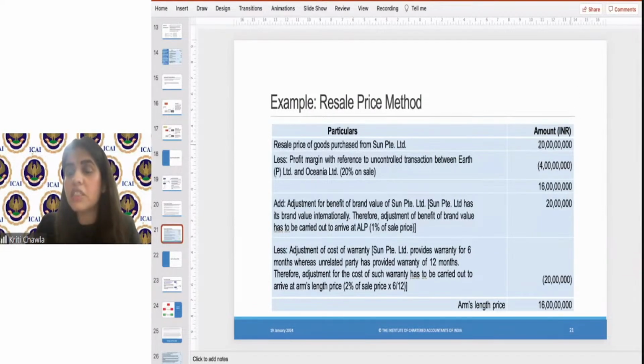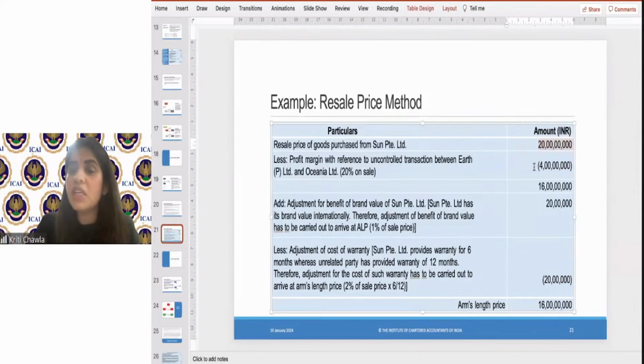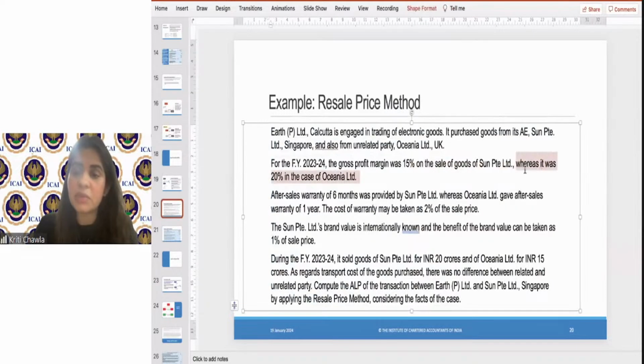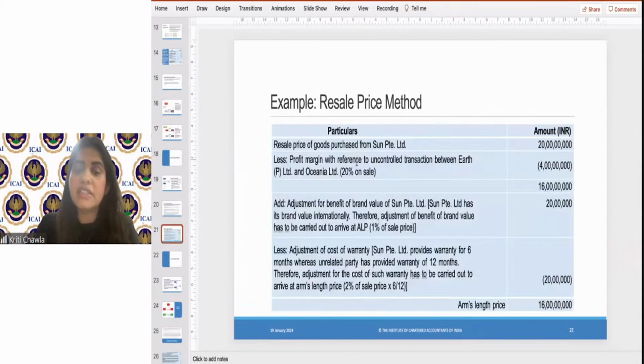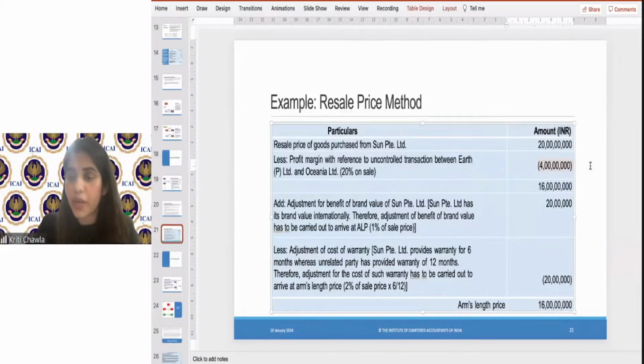So from 20 crores, we will subtract the ALP profit margin, which is 20% on sale. 20% was, if you guys remember, the ALP, which was the non-related situation. And this should be deducted, not 15%. So this was the resale price. We'll deduct the profit margin, which is 20%, which comes to 4 crores. So our cost was 16 crore rupees.